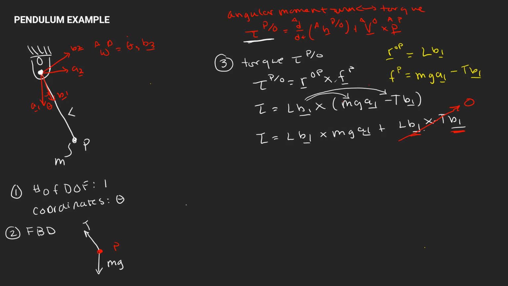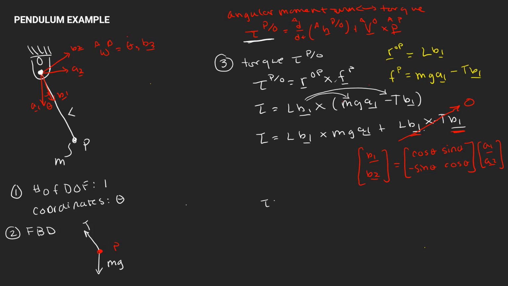So we're going to take this B1 term and write that in frame A. You should again remember the relationships between our two sets of unit vectors: B1 and B2 equal cosine theta, sine theta, negative sine theta, cosine theta, times A1 and A2. With this relationship in mind, we can now write B1 in terms of A1 and A2.